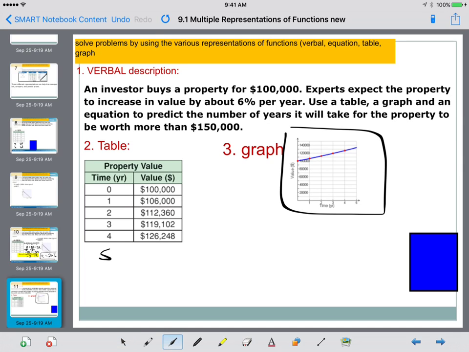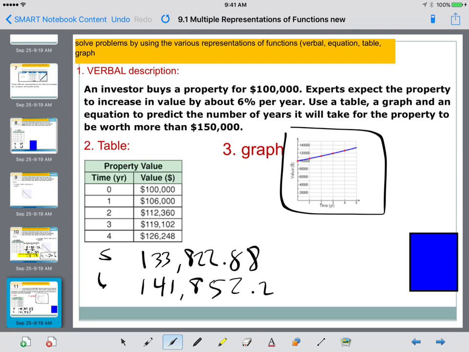So year 5, how much is it going to be worth? We'll take your 126,248 times 1.06. You're going to have 133,822. Multiply that by 1.06. So in year 6, it's worth 141,852.